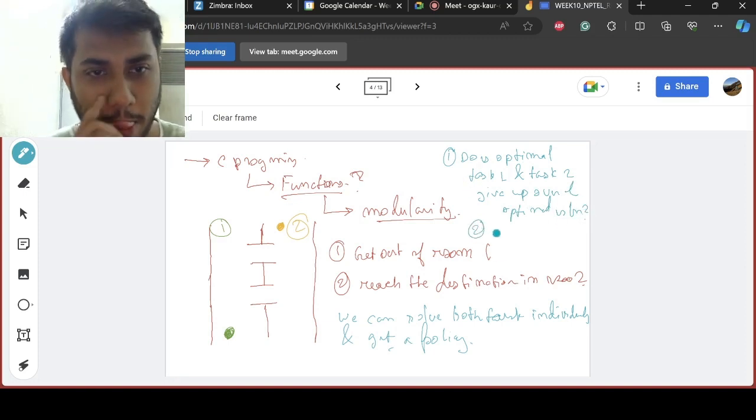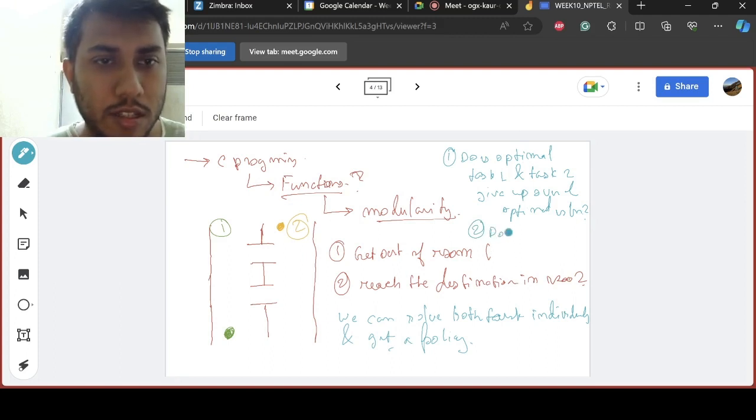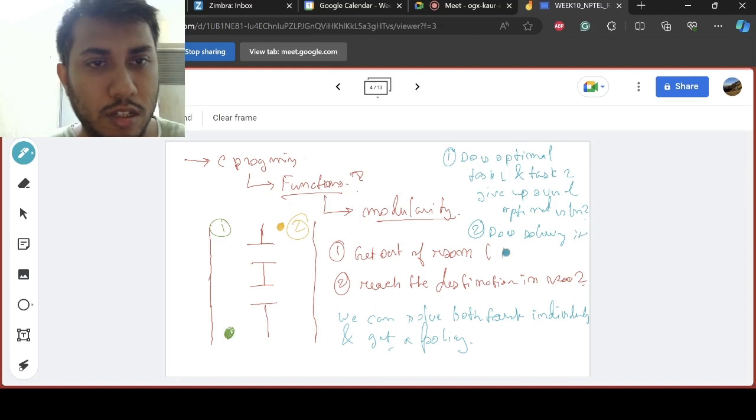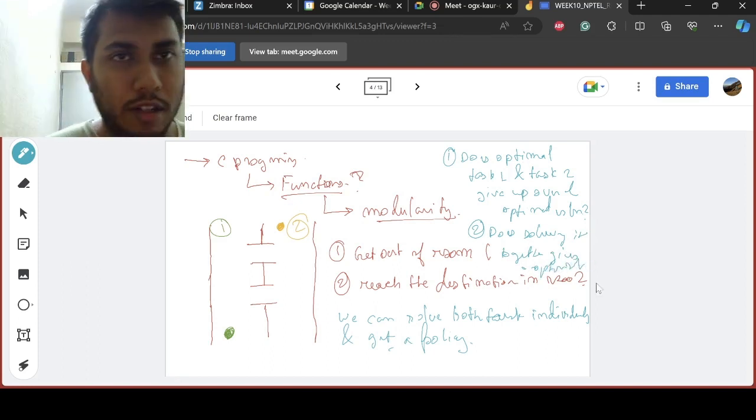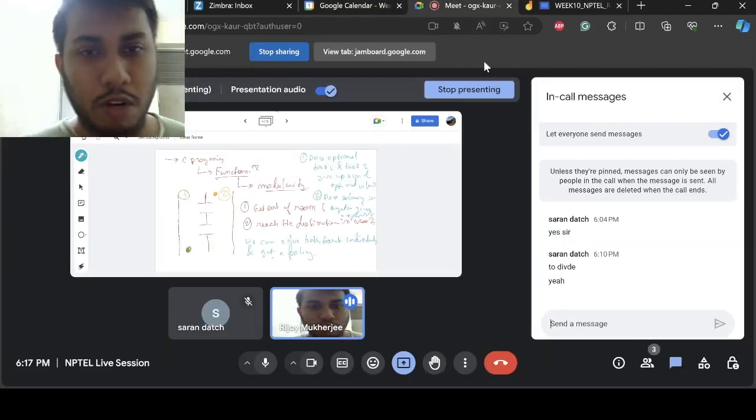Number 2, does solving it together give an optimal solution, right? So you understand two questions, right?